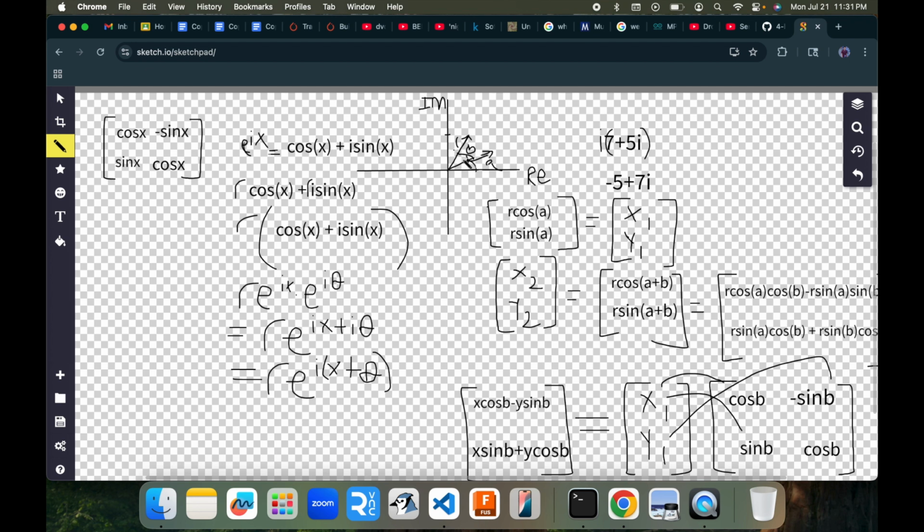So you're just going around more. So if I delete this, you're just going around this way more. And yeah, I mean, that's it. That was actually probably a much easier way.